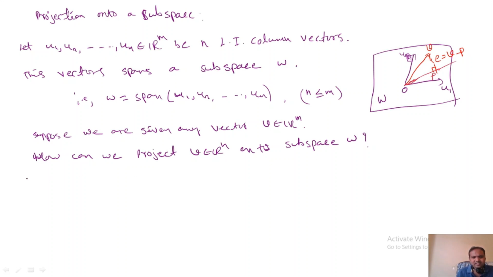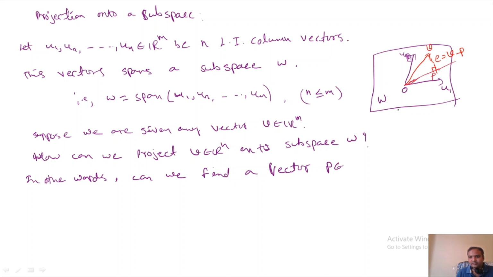In other words, can we find a vector P belonging to W?